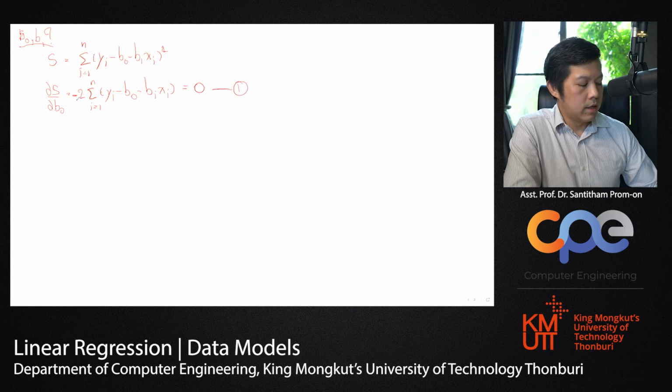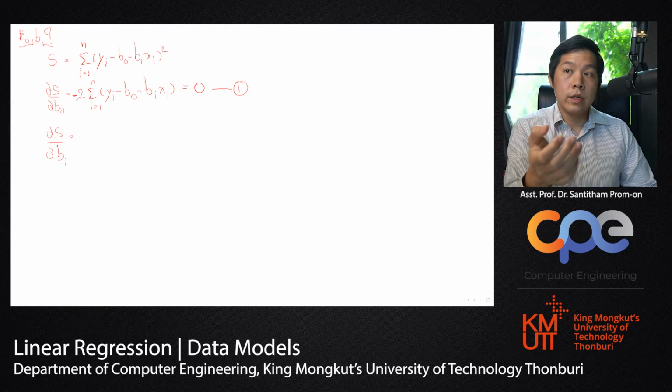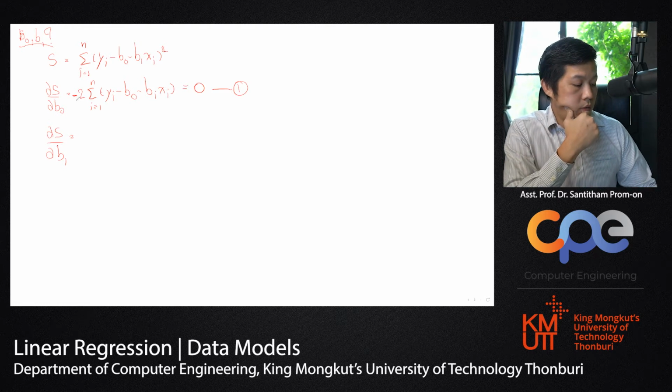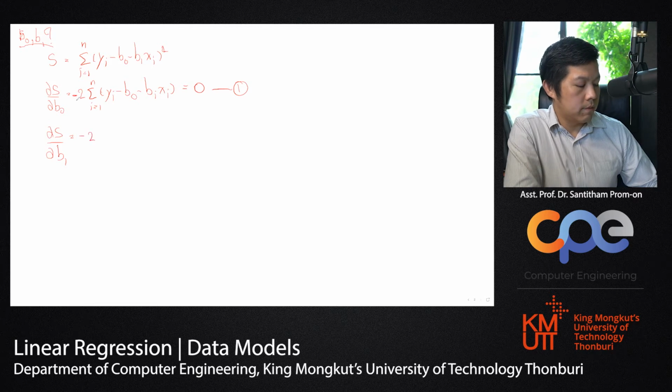First equation. And then curl s by curl b1. You can see in the equation, because b1 is attached with xi, for this one I would have minus 2 sigma of i equal 1 to n of yi minus b0 minus b1 xi, times xi, is equal 0.